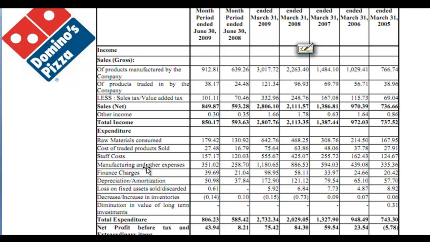So they will not break down their marketing expense. What they would rather do is probably include it in this whole other expenses. It says manufacturing and other expenses, and a good chunk of that is probably their marketing expense. So now you see how this whole thing differs from the simple income statement we build out here.